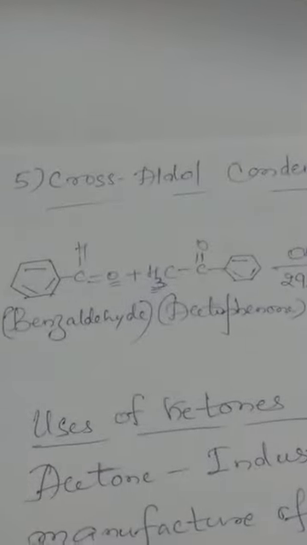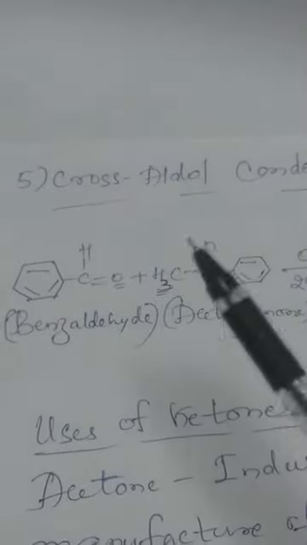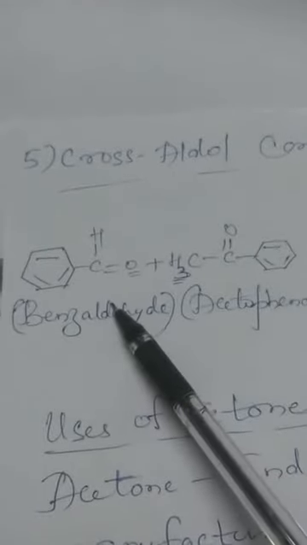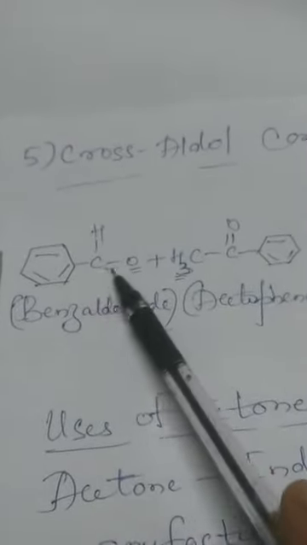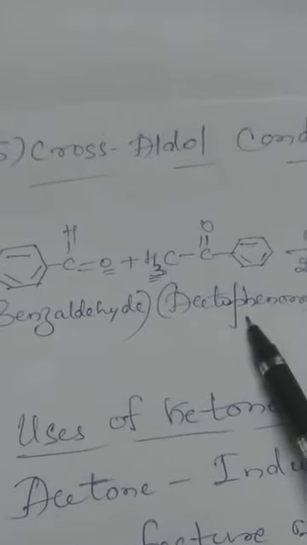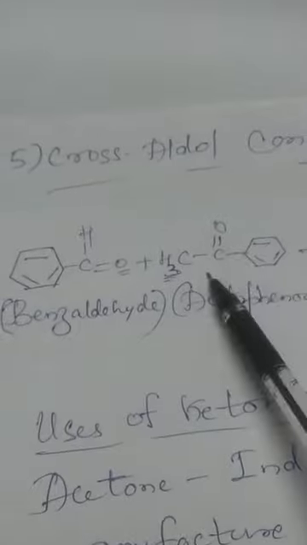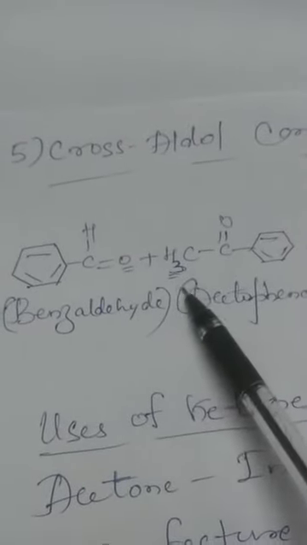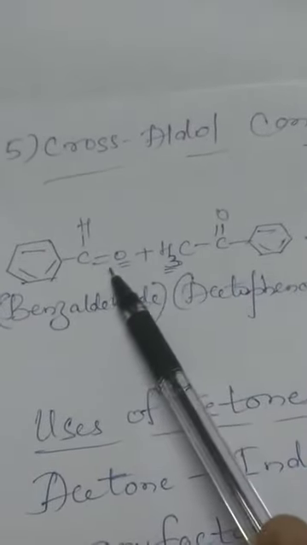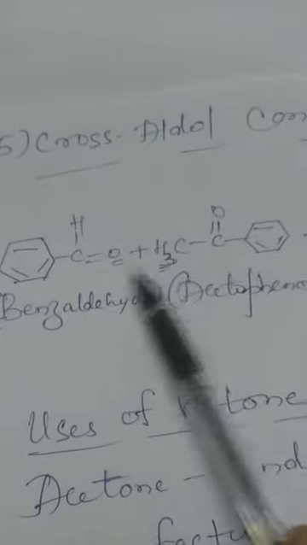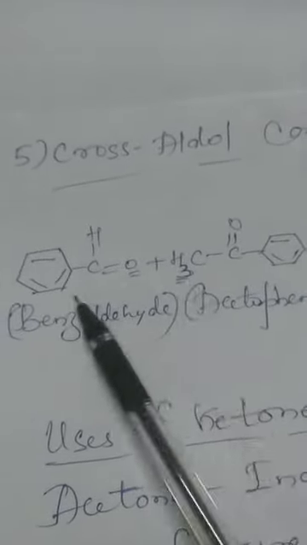Just look at the structure there. Benzaldehyde is an aromatic aldehyde, functional group CHO, and the aromatic ketone is acetophenone, C6H5 C double bond O CH3. I have written it in the reverse form to show the elimination of O and H2 as water. So CH double bond CH, and the continuation is to be shown here.